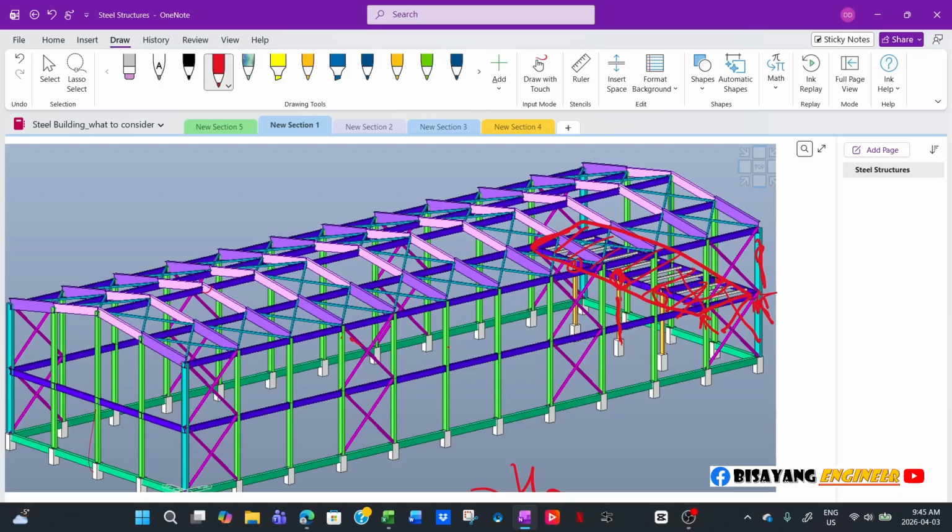But as long as you consider that lateral load from the mezzanine floor, that's one thing you should consider. Other than that, I think that's it.